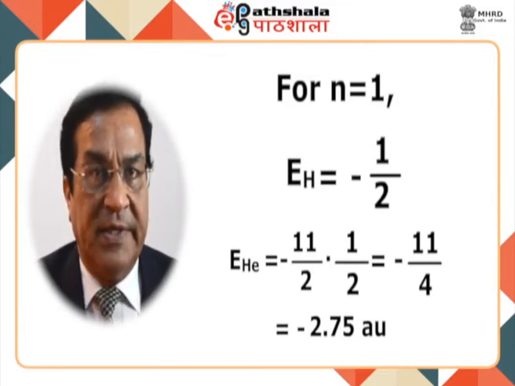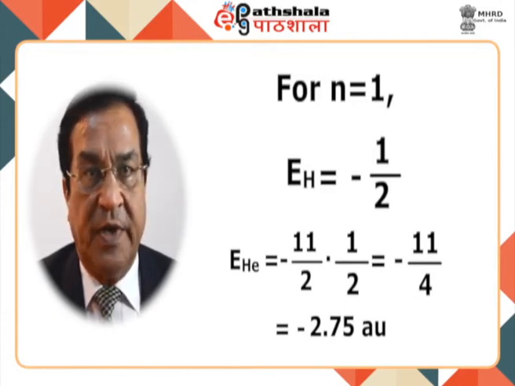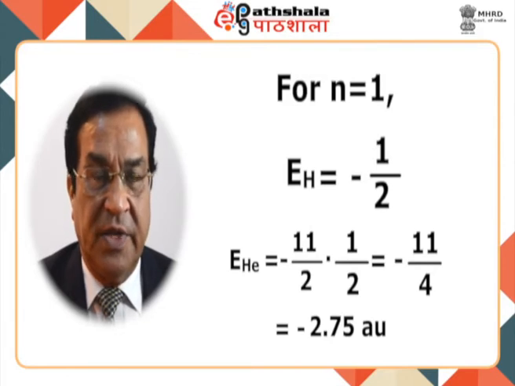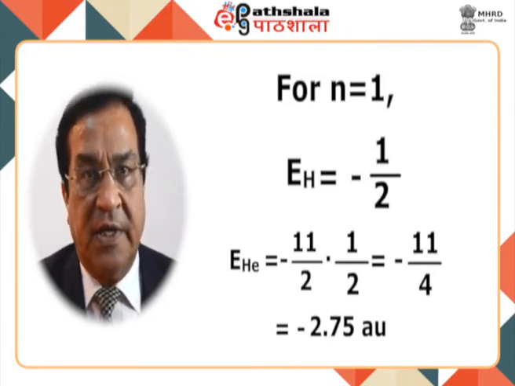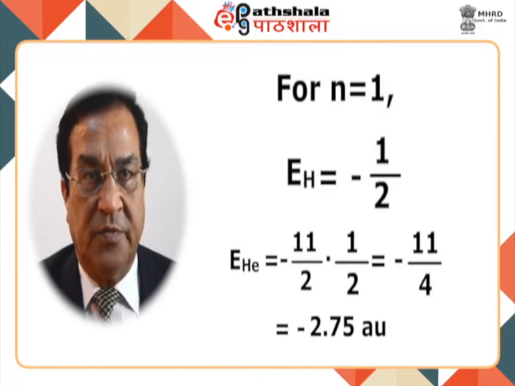What we have calculated just now is the total energy of the helium atom in the ground state, which is 2.75 atomic units. This we have already learned. Sometimes you will find in literature the energy value being reported in electron volts.